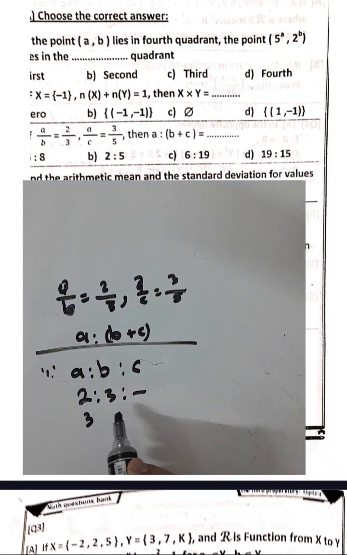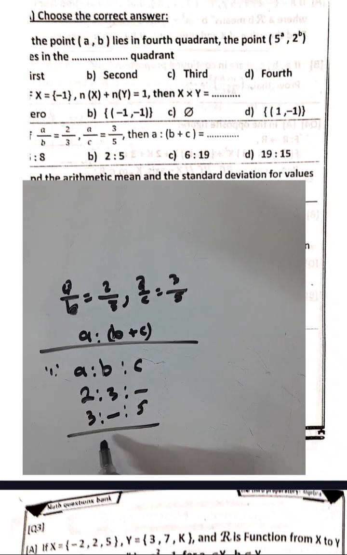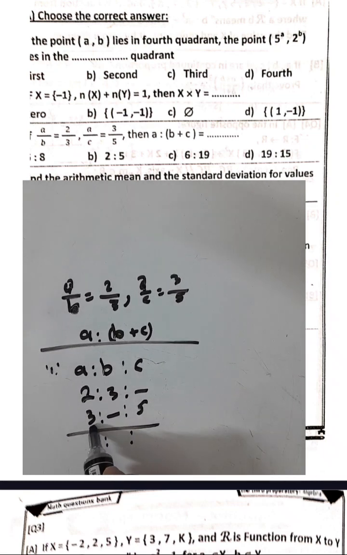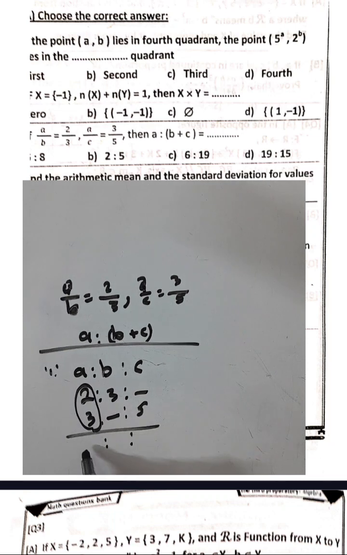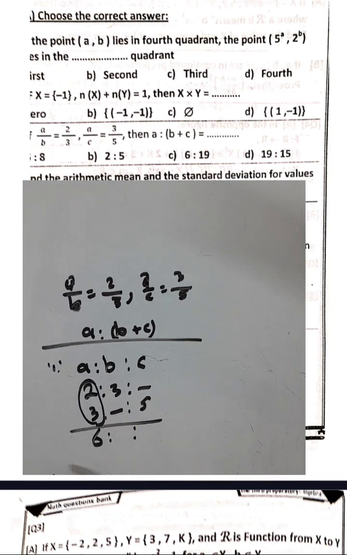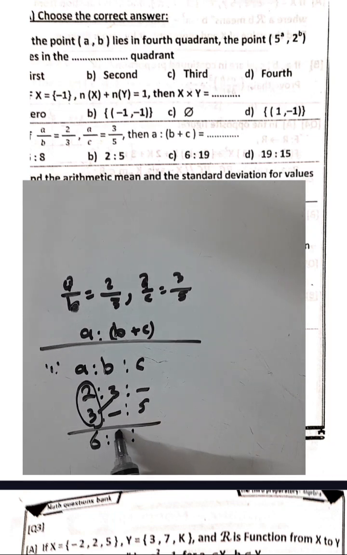Then you can find the ratio between A, B and C. Write the least common multiple between 2 and 3, it will be 6. Then 3 times 3 is 9, and 2 times 5 is 10.